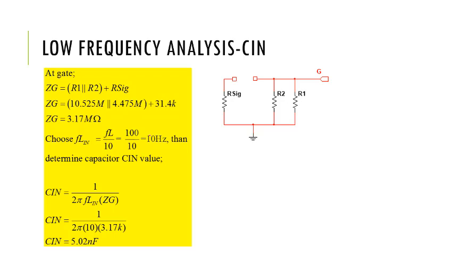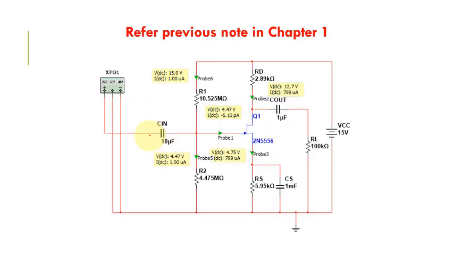So if you see, we have the Z in, C in, C out, and CS. So we have three frequencies for the low cutoff frequency.